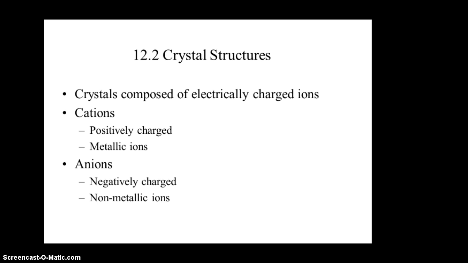Okay, so the crystal structure of ceramics is quite a bit different from that of metals, and the primary mechanism that drives that difference is the cation anion bond. Right. So if you remember, cations are of course positively charged atoms, and anions are negatively charged, so they have gained an electron.